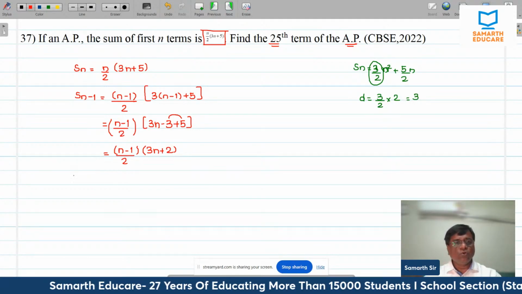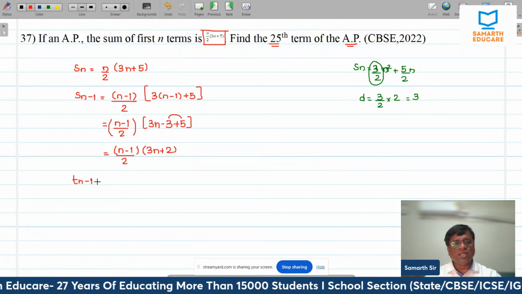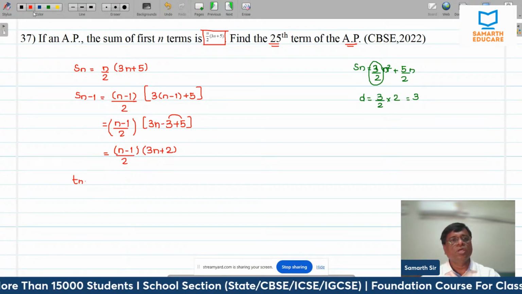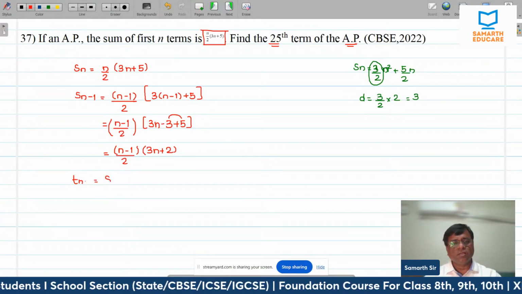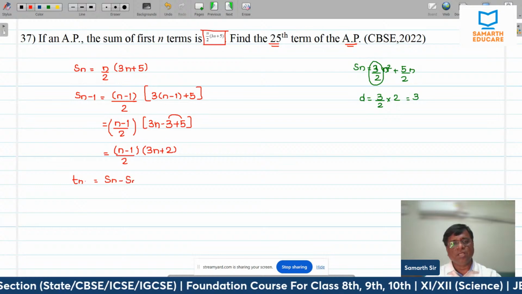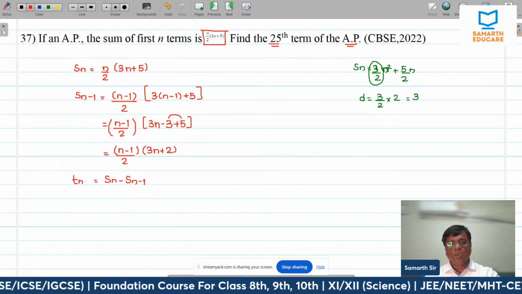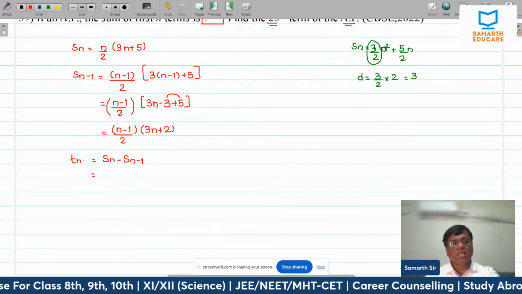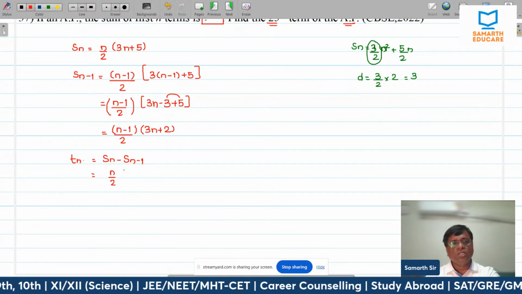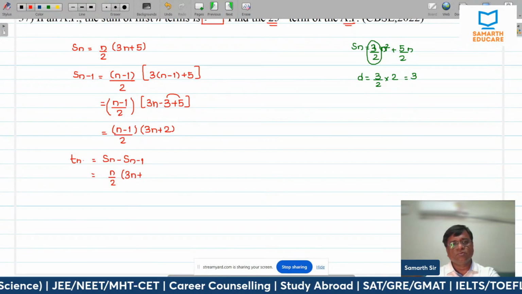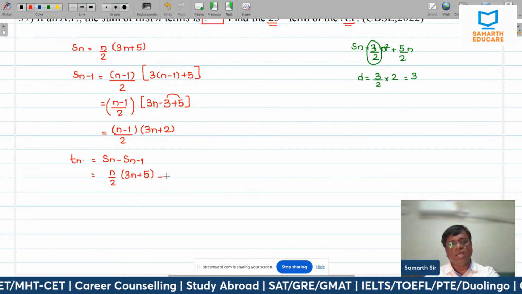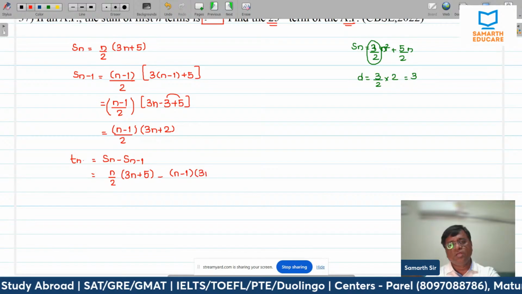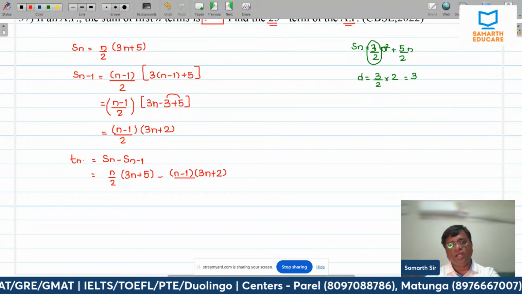Okay, as I told you earlier, we'll see later how to do this. If we want Tn, Tn is Sn minus Sn minus 1. Now, Sn is n upon 2 in the bracket 3n plus 5, minus n minus 1 into 3n plus 2 divided by 2.